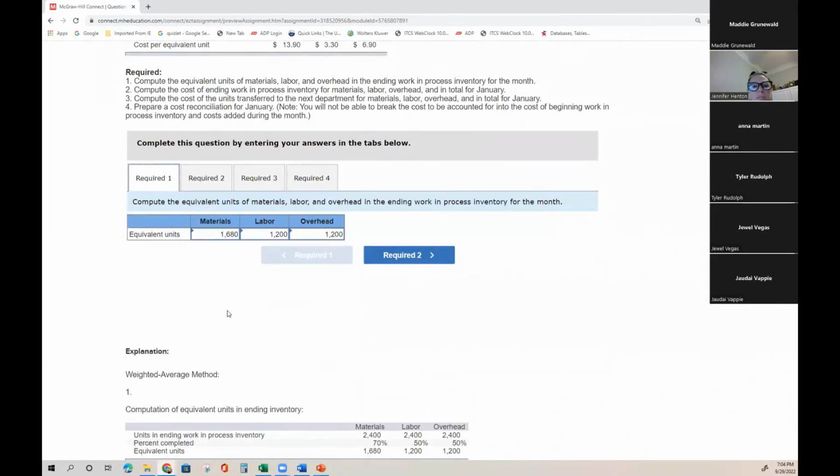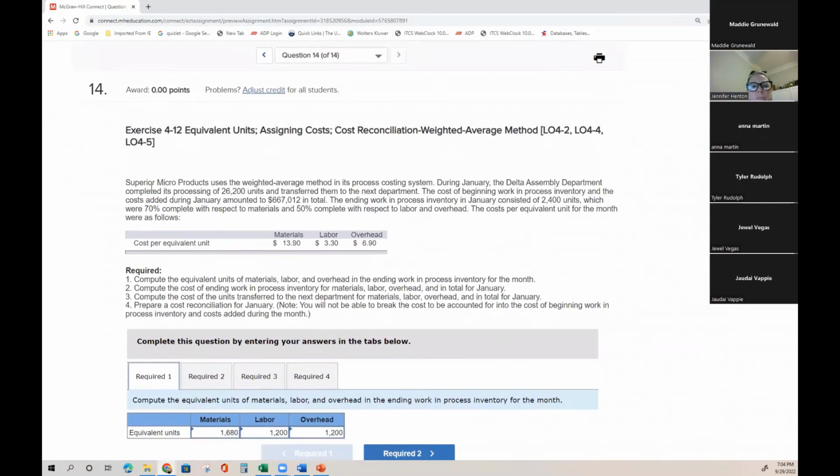So the first one says they want you to compute those equivalent units. It's saying that we use the weighted average, and we completed its processing of 26,200 units, transferred them to the next department. The cost of the beginning work in process inventory and the cost added during the period was 667. So they've given us our total.